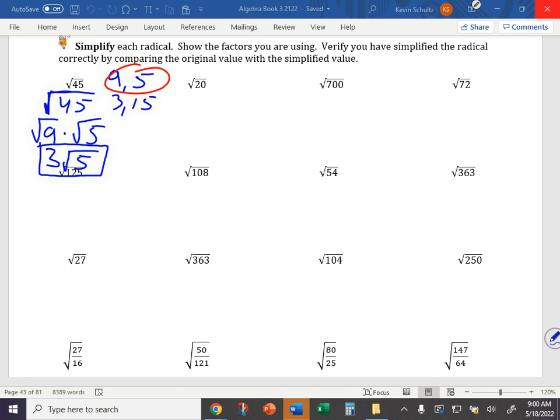You do need to be careful that you don't make that 3 small and write it in the crux of that root symbol, because that would be the cubed root of 5. So make sure that you make it large enough so that it's recognizable as a coefficient, so that it's 3 times root 5. Okay?